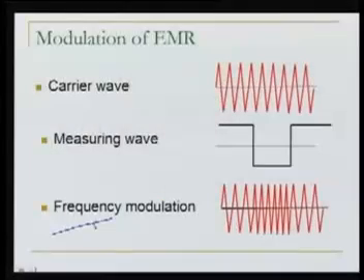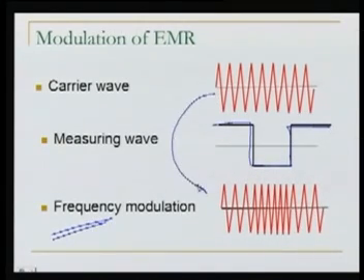Another one could be frequency modulation. What we are doing, the signal which we want to send as the measuring wave is being sent by modulating our carrier wave in frequency. As you can see, the frequency is changing here, and this change in the frequency is carrying the signal of the measuring wave. There is one more method, and in that method we can modulate using the impulse modulation.